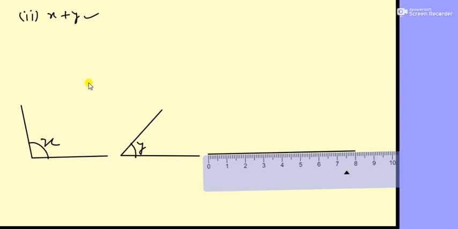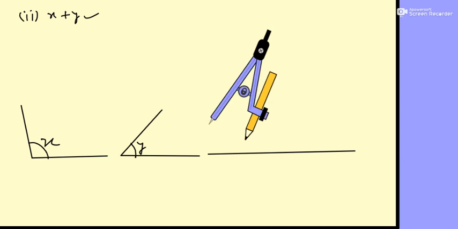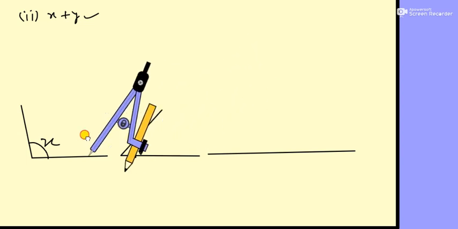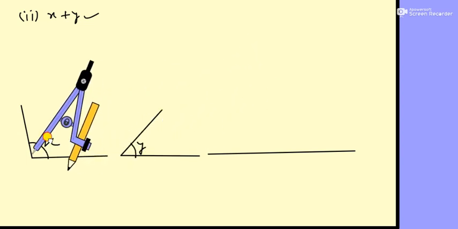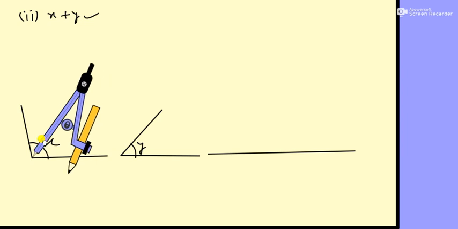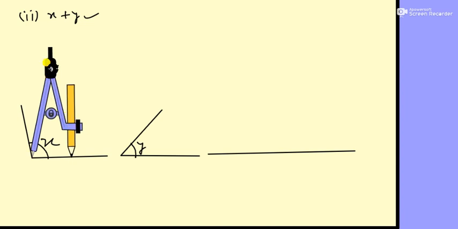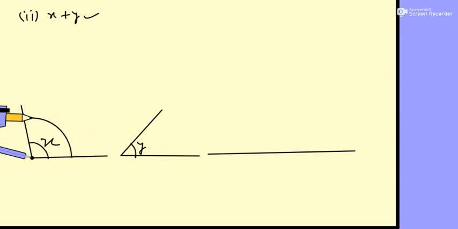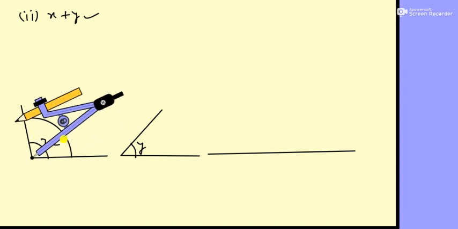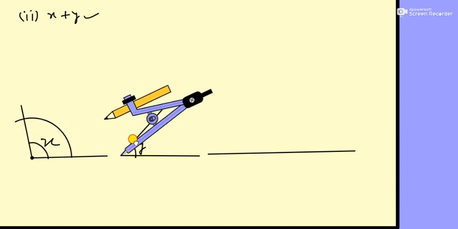And now come to the arc. Remove the scale and take a roundel or protractor and take from this point, and now make an arc from here, like this. You can make this arc. Yes, it is very easy.